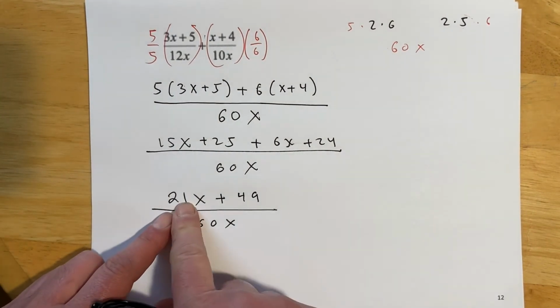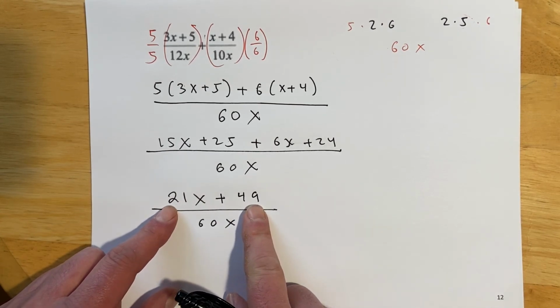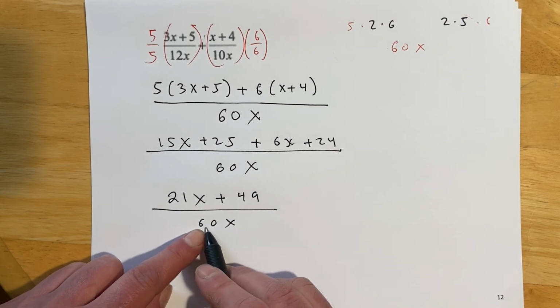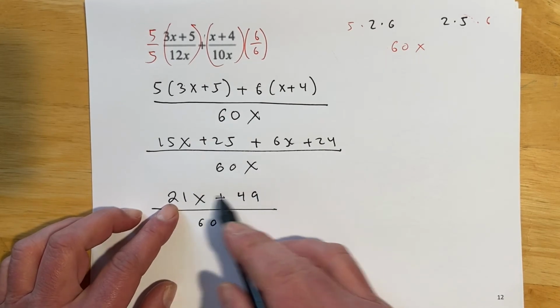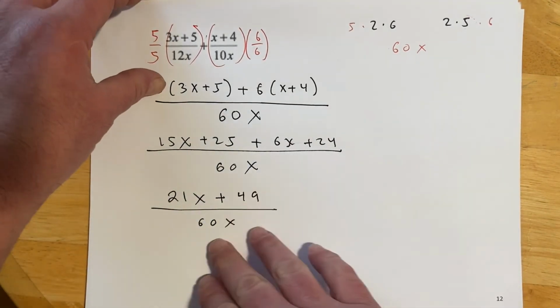It just occurred to me someone might want to factor a 7 out of there. You could, but it doesn't cancel with that 60 at all, so there's no reason to. It's good to look and see if it does. If you could factor and cancel, you would need to, but in this case, it doesn't reduce.